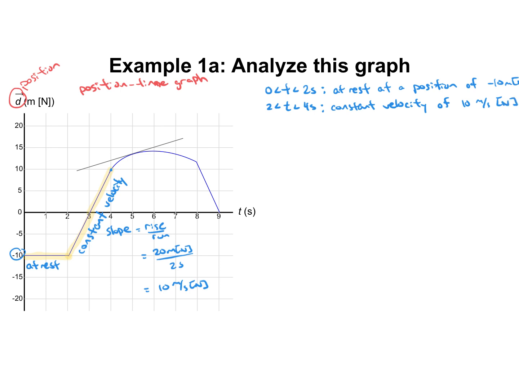And it ends at a position of +10. So I guess a sub point here is at the instantaneous time of 3 seconds. What happened? The graph crossed 0. So in a position time graph, a position of 0 means it's right at the reference point.